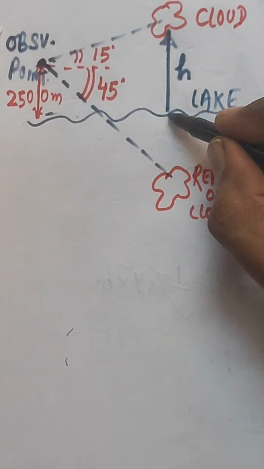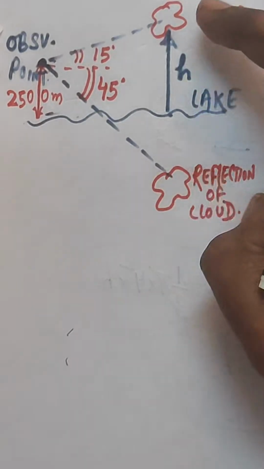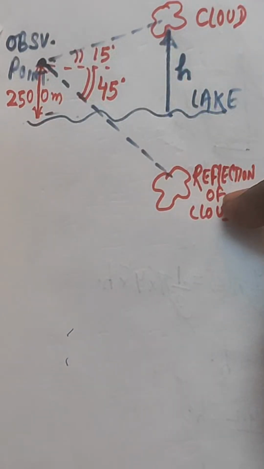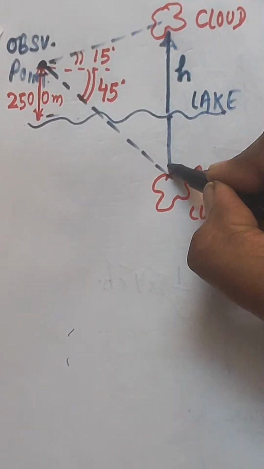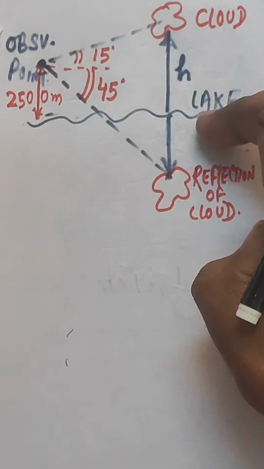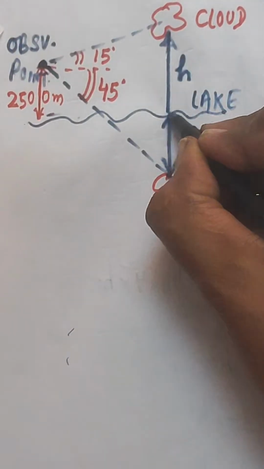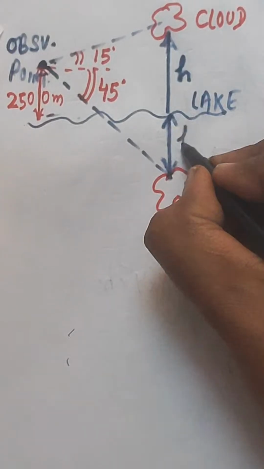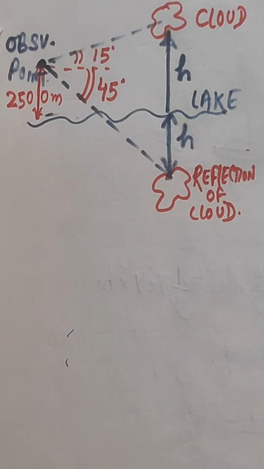Then obviously the image of that cloud, the reflection, will also have the same depth from the level of the lake, and that is equal to h, isn't it?